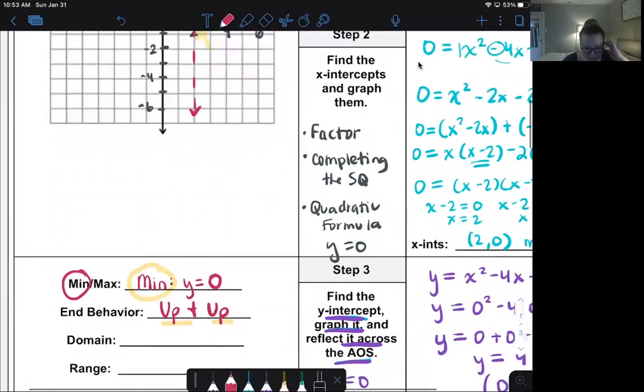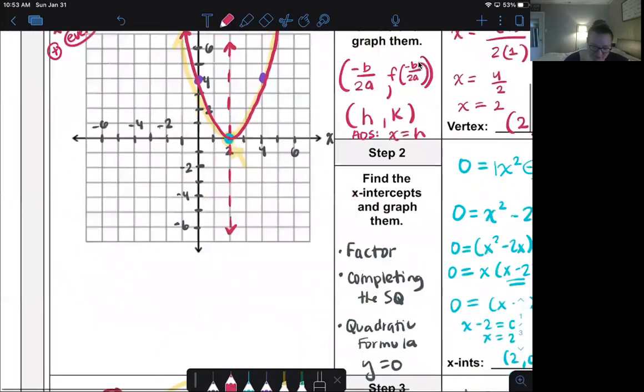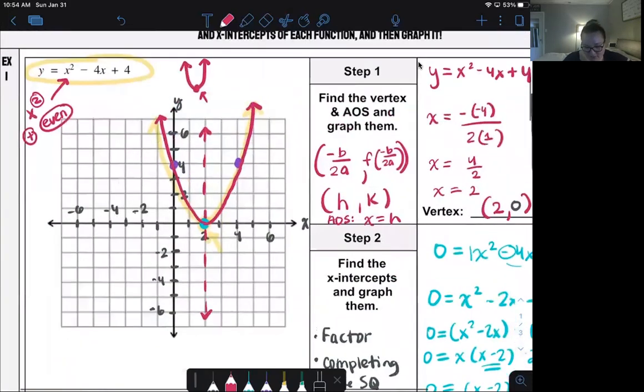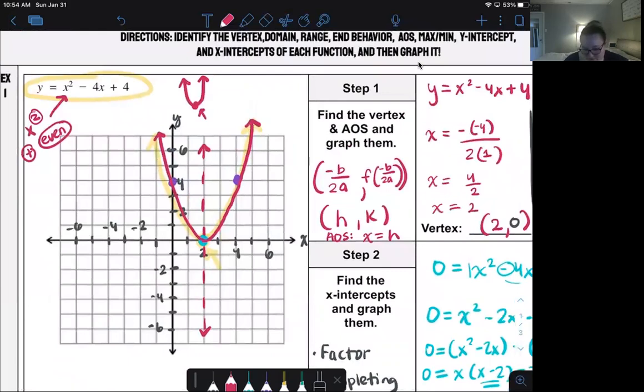Then what's our domain? Well, remember your domain is your x values and your range is your y values. Well, for my domain, we've talked about this with parabolas before, because my graph extends to the right forever, even though it's increasing, so it's going up to the right forever, it's still extending to the right forever though.